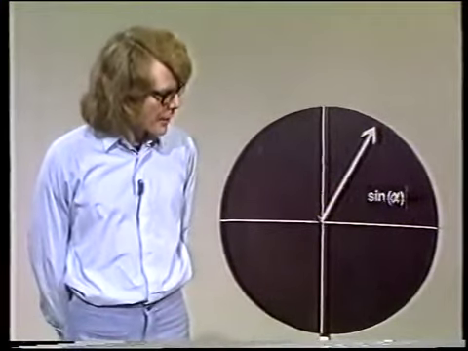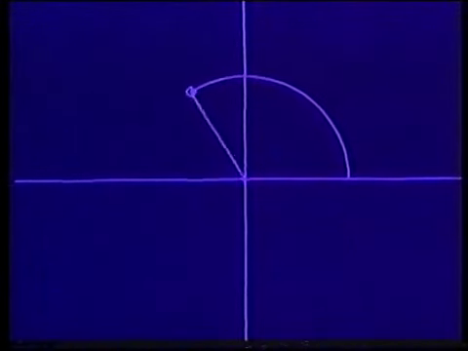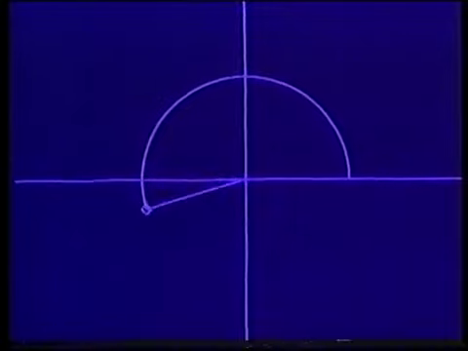Well, this is our third function, and I find the graph in this case rather fascinating. As the rod rotates, the point moves on a circular path. We want to plot the height of the point above the axis.